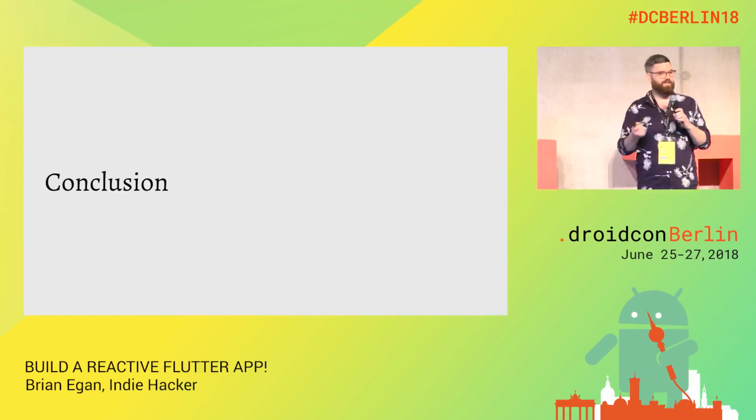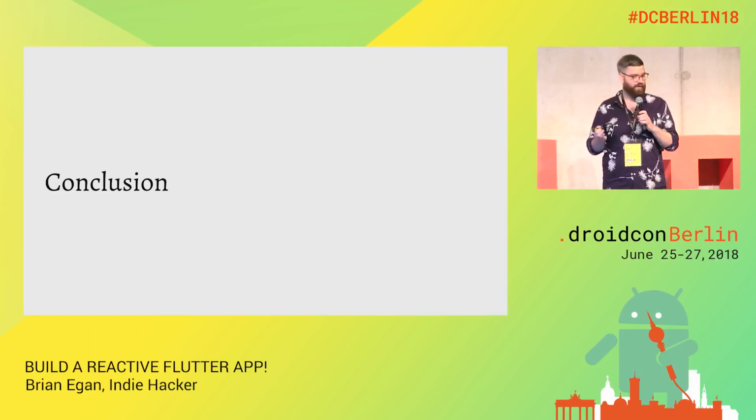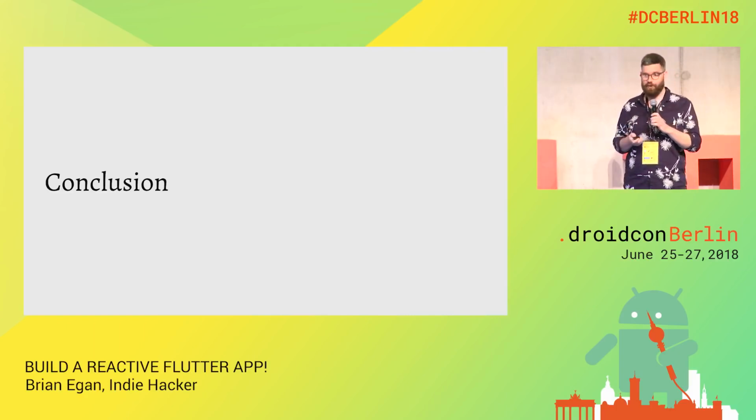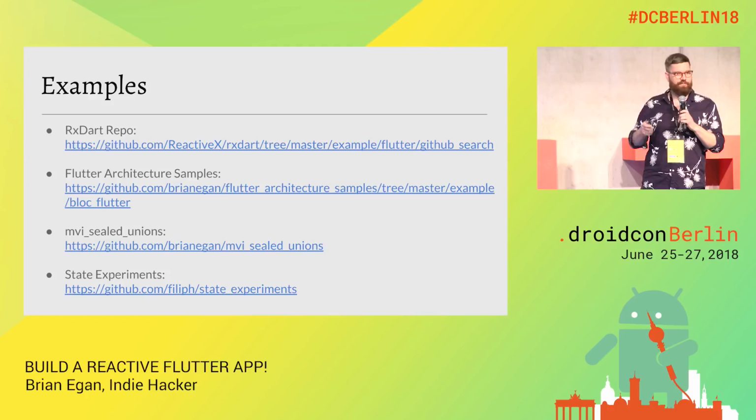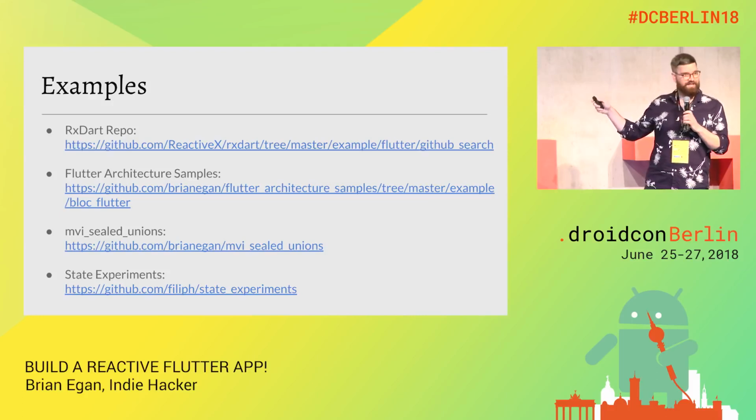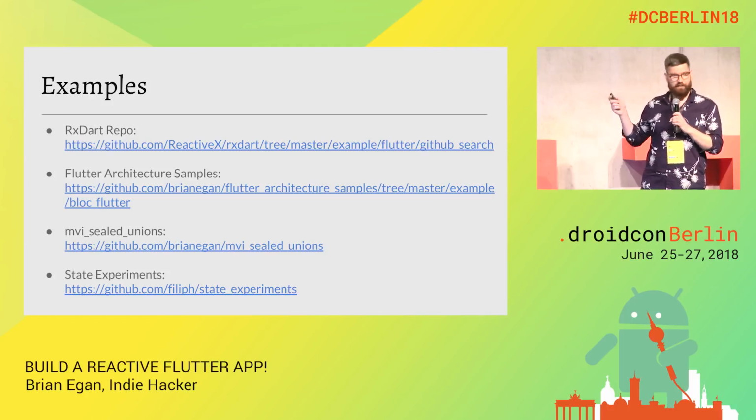We can combine these to make really powerful architectures that are easy to test, easy to work with, and also allow us to share a great deal of code between even Angular Dart apps if you want to go that route.